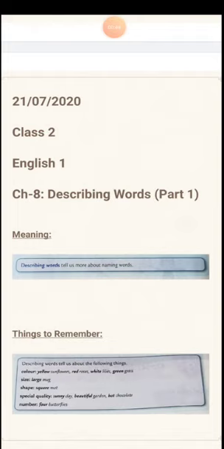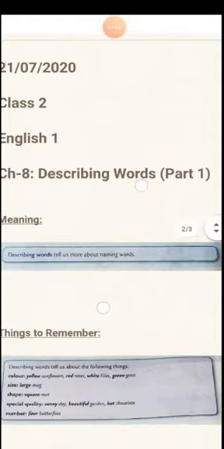Naming words we all know. Naming words are the words that we give to people, place, animal, or things. And when we want to say something more about these naming words, we use some words, and these words are called describing words.